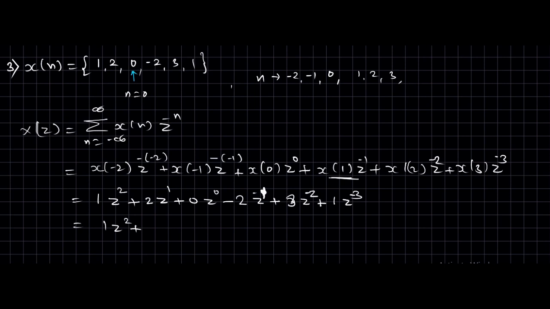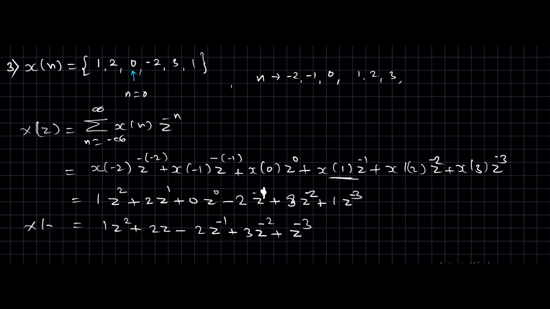Then x of 1 is minus 2, so minus 2 z raised to minus 1, plus 3 z raised to minus 2, plus z raised to minus 3.